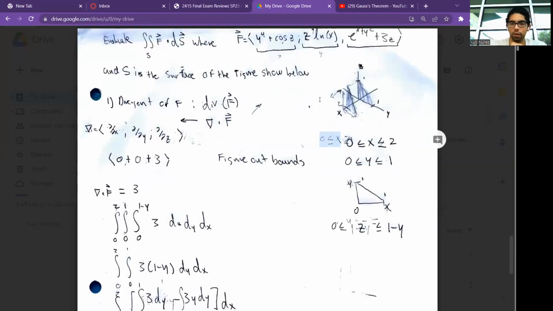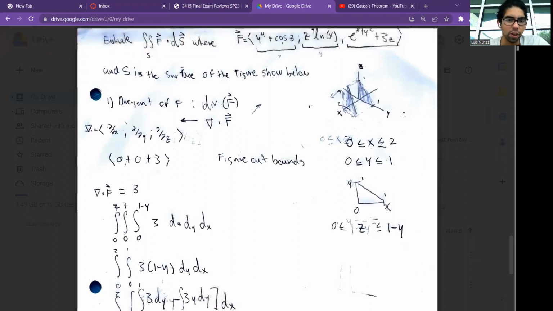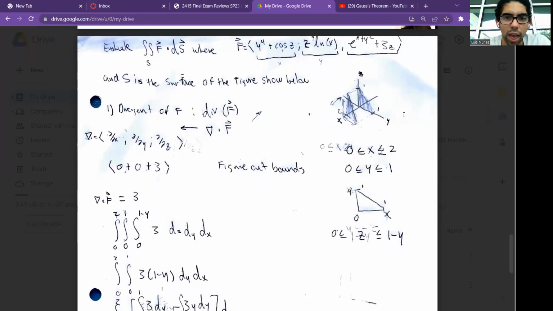Step one is to find the divergence of F, which is del dotted with the vector field. If we take the partial with respect to x of the first component, there is no x in it, so that partial is 0.